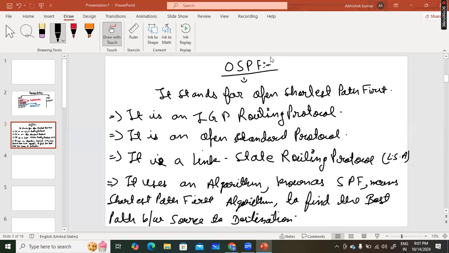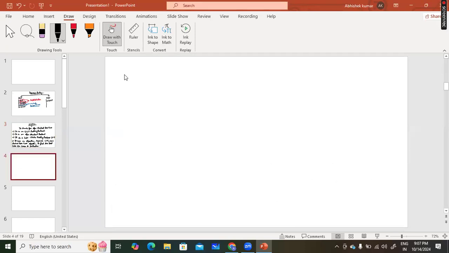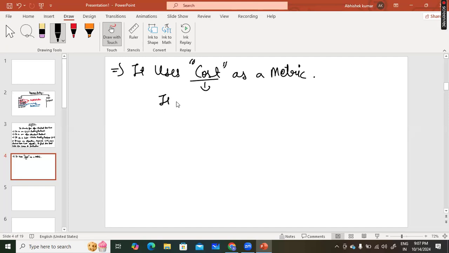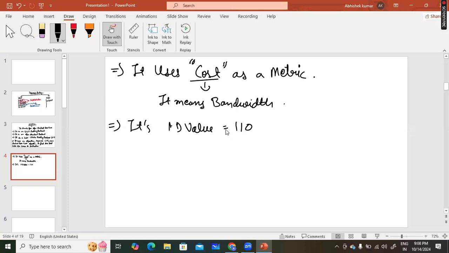Next point, it uses cost as a metric. Cost means bandwidth. Its AD value is 110.